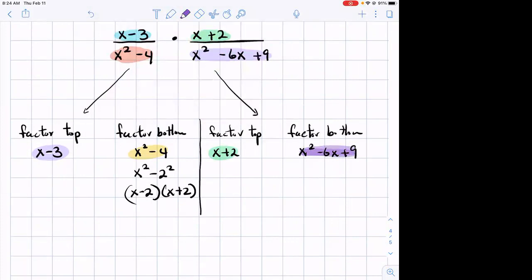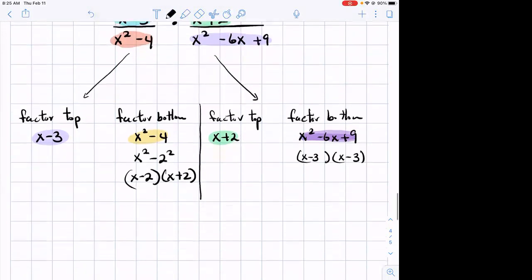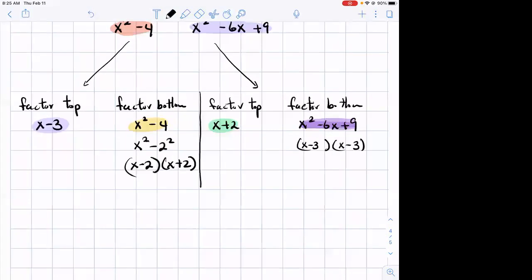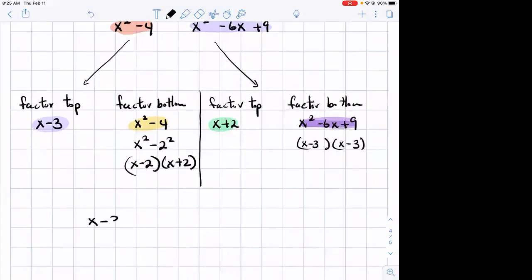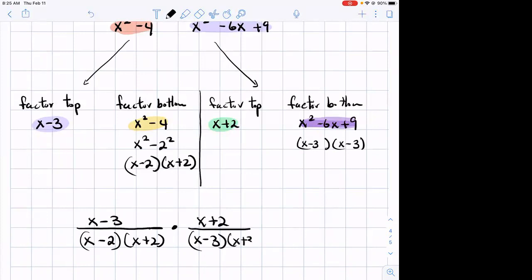It's a polynomial, so if we factor this bottom, our two binomials become x minus 3 times x minus 3. So our problem is the same as x minus 3 divided by x minus 2 times x plus 2, times x plus 2 divided by x minus 3 times x plus 3.